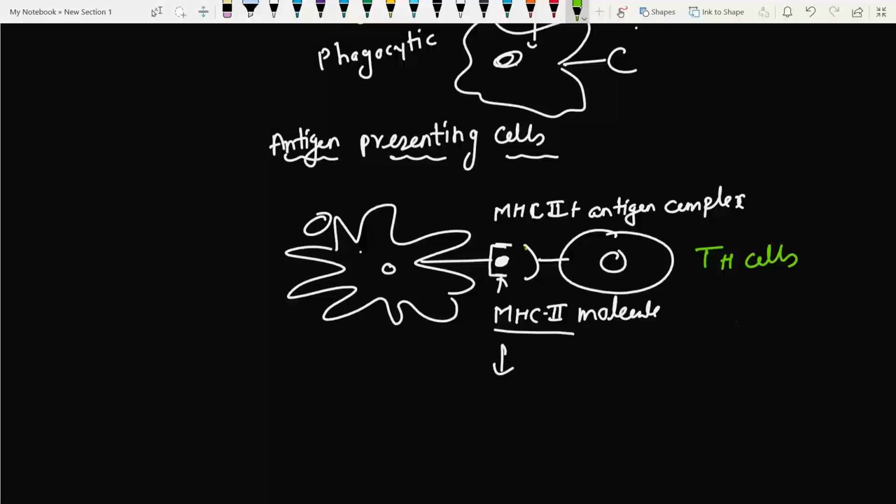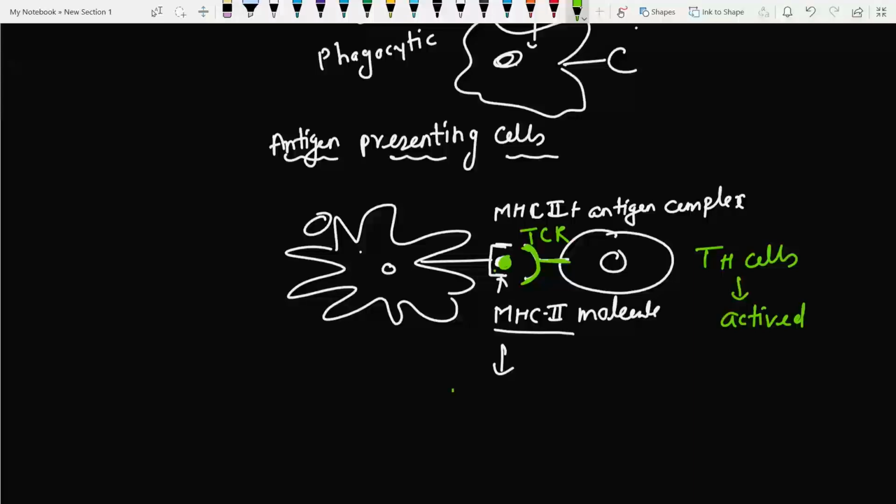So if it carries the specific recognition site for this antigen, it will be the T cell receptor, which is very specific for this antigen. So this will be able to recognize it, and the T cell which is specific to this antigen will get activated.